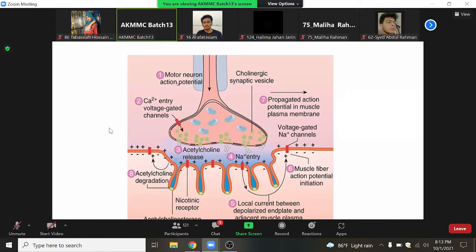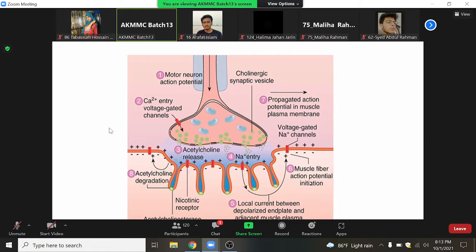Here is another picture. The motor neuron action potential comes, then calcium enters through the voltage gated calcium channel, then the vesicle ruptures and the acetylcholine is released in the synaptic cleft, then the ligand gated sodium channel opens, and from extracellular fluid sodium enters into the muscle, and what happens?